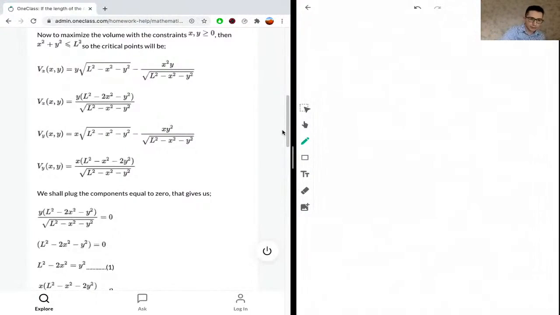So we'll set y, L squared minus x squared minus 2y squared. So the derivative of volume with respect to x, we'll set this to 0.